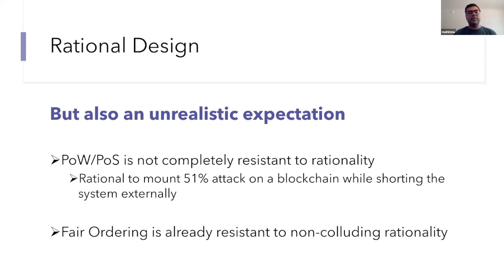What's going to end up happening is the user's transaction will always be output first because these rational miners are competing with each other instead of colluding. And this is something that we see with selfish mining as well. When more people try to act rationally, it decreases the amount of money that you can actually make from selfish mining. So this might just be a problem that solves itself and we don't actually need to worry about it.